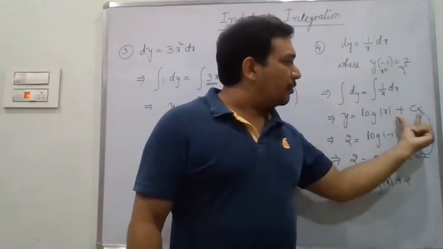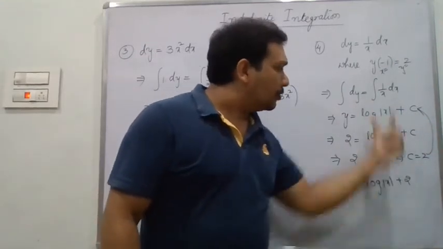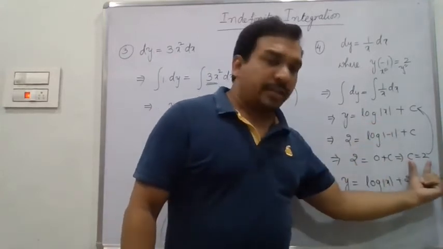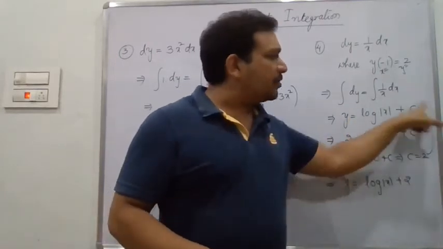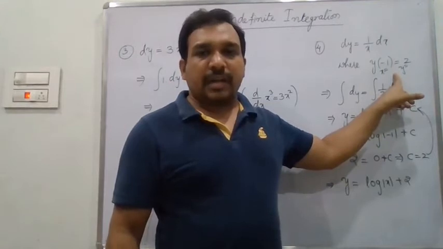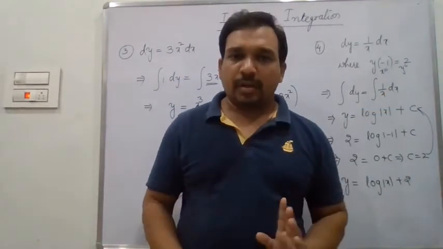So we need to find out that c value. So to find out that c value, we need to substitute x value and y value inside this solution. Then you will get the particular c value. Resubstitute that particular c value. So out of these infinitely many solutions, only one solution can satisfy this condition. By that we can find out the c value. Clear to all now? Okay.